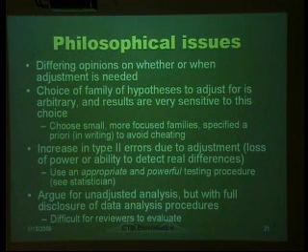Another concern about adjustment is there's an increase in type 2 errors when you do a multiple comparisons adjustment. So what this basically means is you have a loss of power, or the likelihood to detect real differences between groups, when you use a multiplicity adjustment. And you can see that. If you adjust the significance level from 5% down to 1%, you make it that much harder to reject the null hypothesis, and you bring your power down.